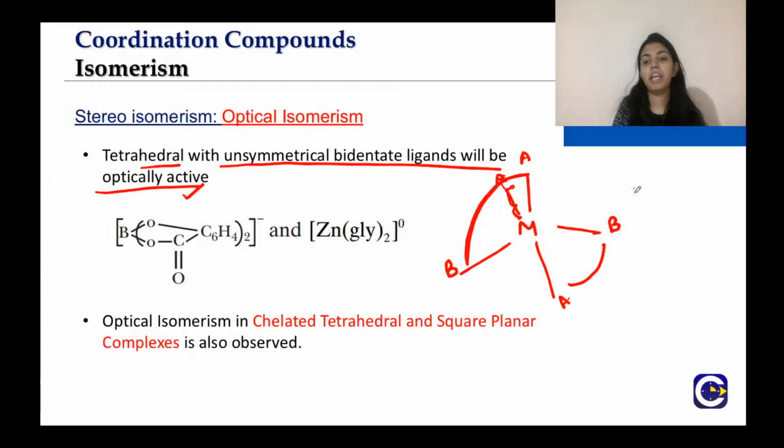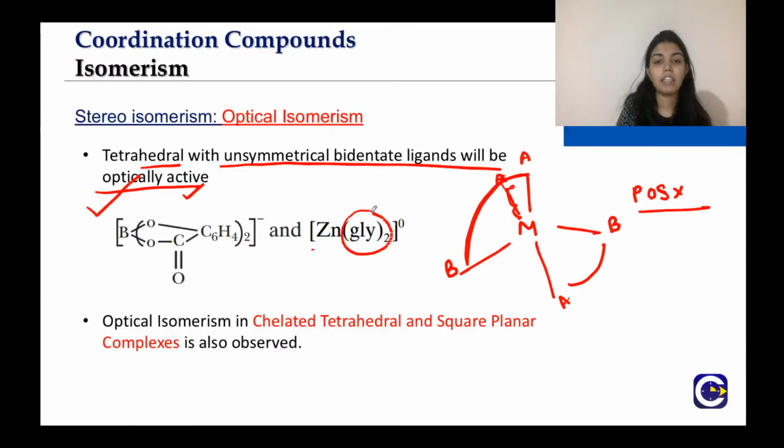Because the plane of symmetry is not there, therefore it will be optically active, right? An example is zinc bis(glycinato), and here also if you take this in a tetrahedral manner, it will also be optically active. No plane of symmetry is passing, therefore they will be optically active.